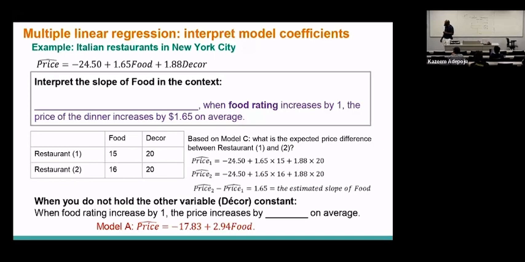That is what we mean. The interpretation is going to be different from a situation where you only consider food alone. When you consider food alone, you are not keeping any other variable constant. They're basically going to have two different interpretations. That is exactly what we mean.